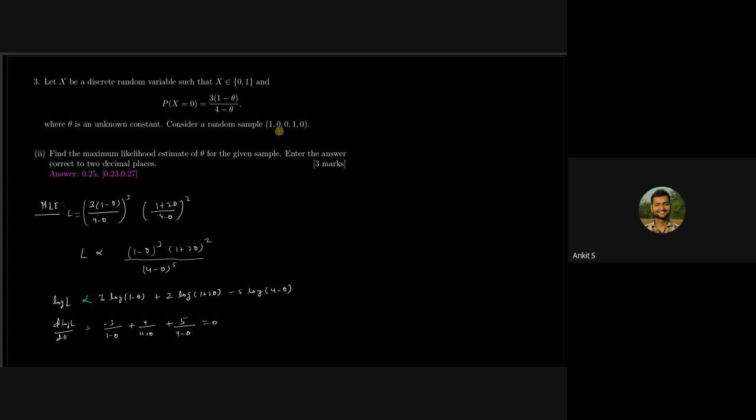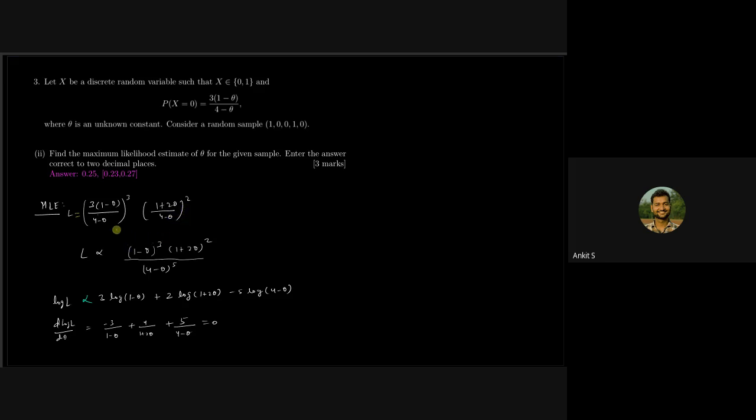What is the probability of getting 0? You multiply all of them and you get the likelihood, because all of these are independent. Likelihood means nothing but the probability of observing this sample. So 0 appears 3 times, so the probability of 0 is multiplied 3 times, and the probability of 1 is multiplied 2 times.